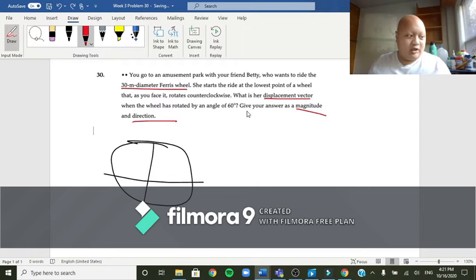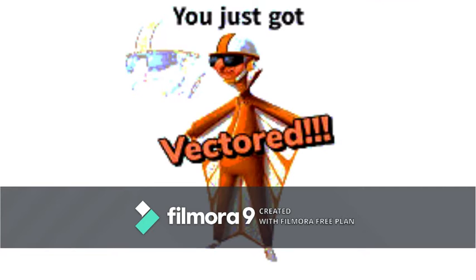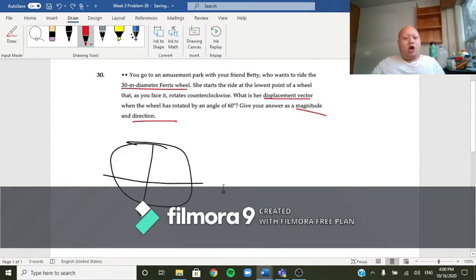So basically, this question is saying we're going to look for a displacement vector. A vector is basically a magnitude and direction. So first, let's find the direction.